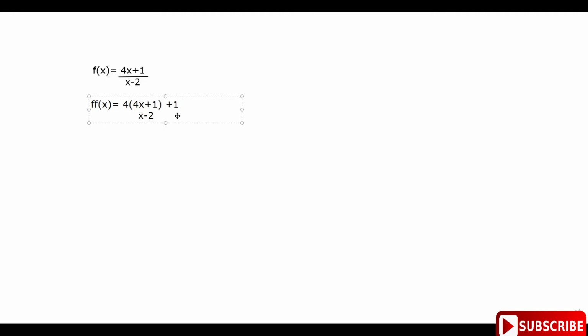And then all of this is divided by x, and where x is, you replace it with 4x plus 1 divided by x minus 2, and this is all minus 2. So let me put in the lines to make it a bit more clear. This is what we're going to be simplifying.